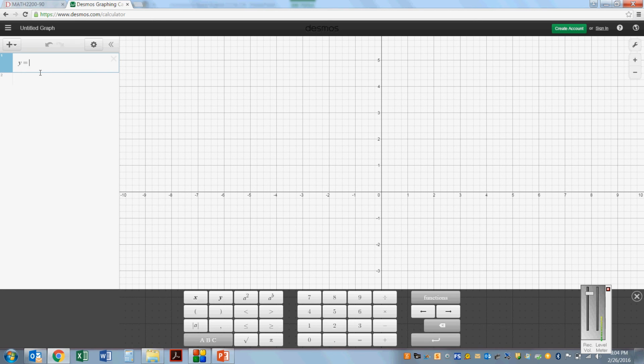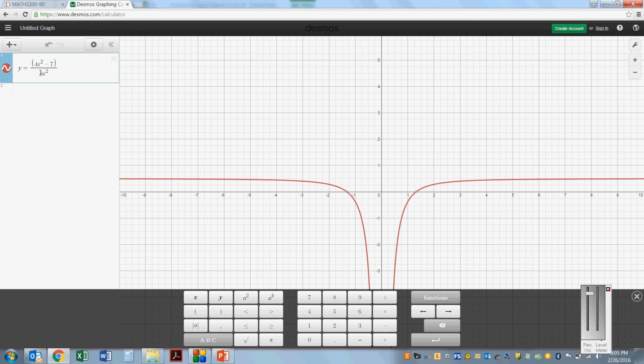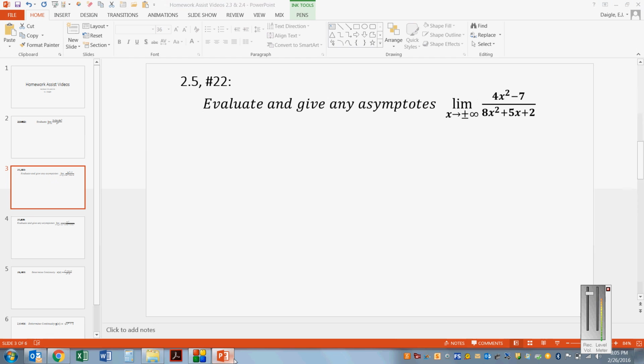I'm going to say y equals 4x squared minus 7, all divided by 8x squared plus 5x plus 2.